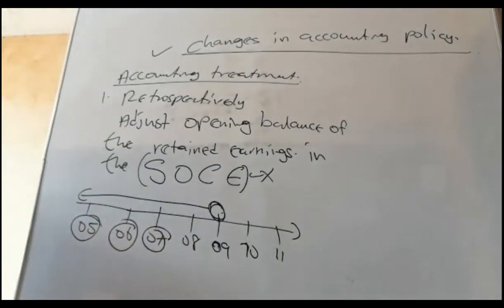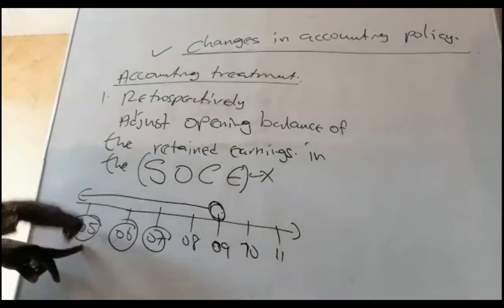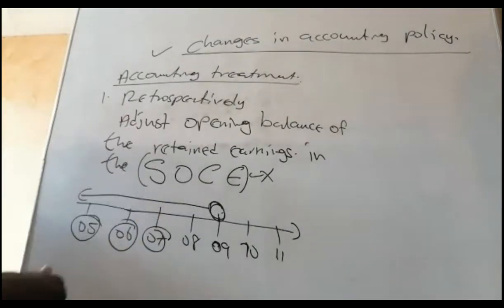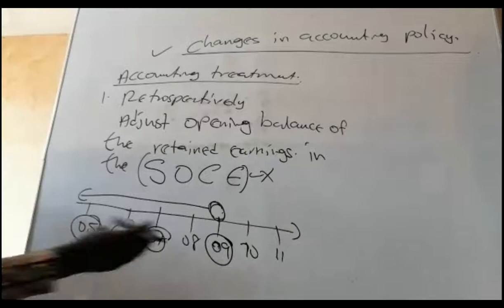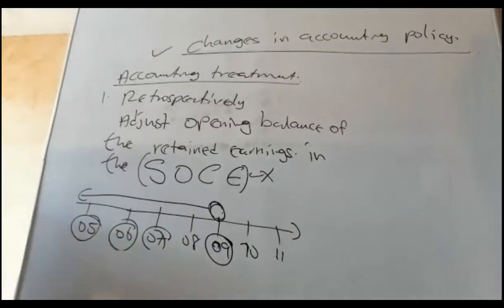So what can we do? We know that it was those balances that we carried forward into today's books. For the current period, we can make the changes, but for previous years, making the changes is so difficult.